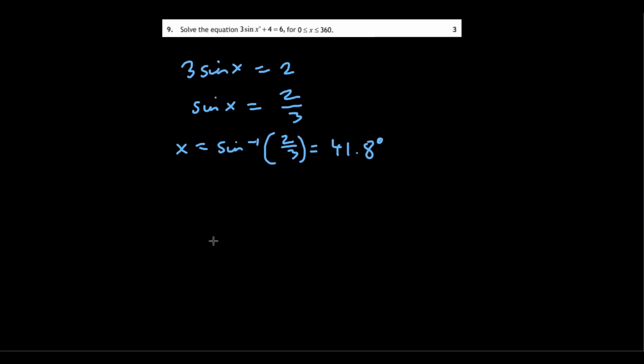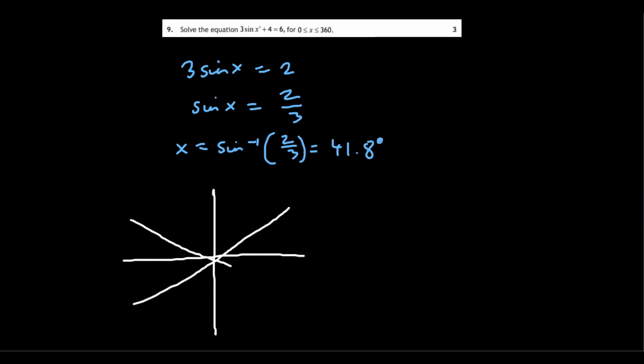And then we just draw the CAST diagram as usual. So SATC. And because sine is positive, so it's 2 over 3, it would be this quadrant and this quadrant. Those are the quadrants where sine is positive.